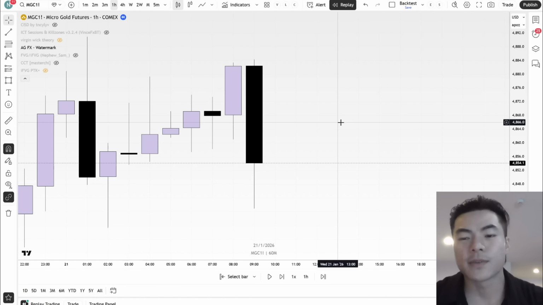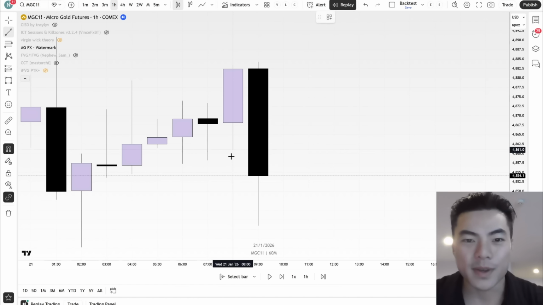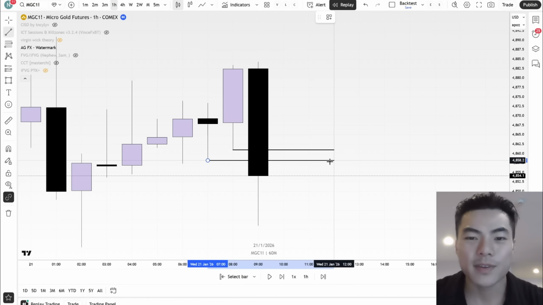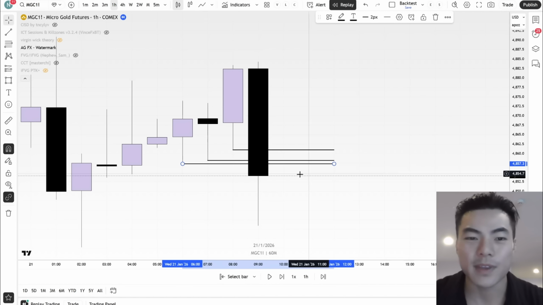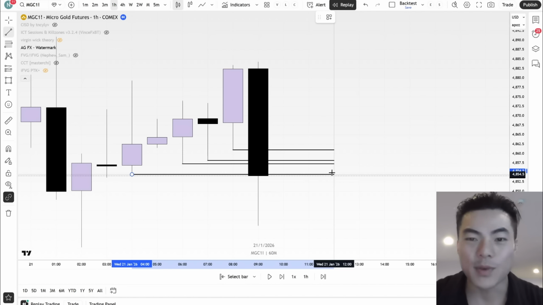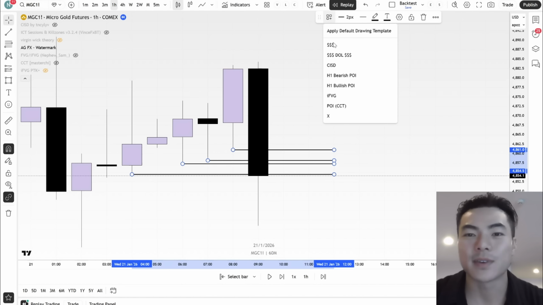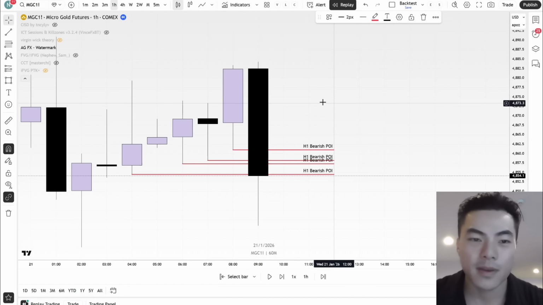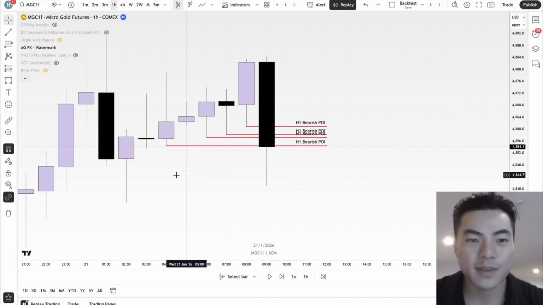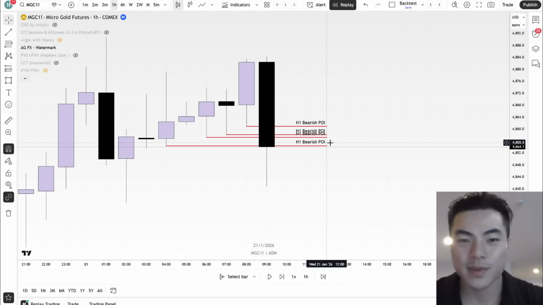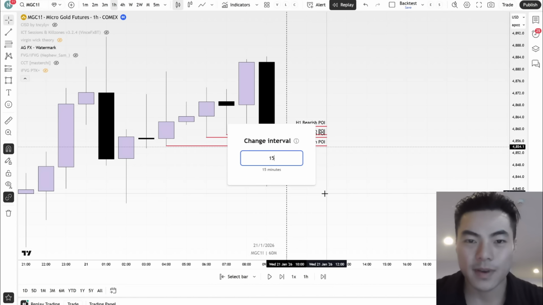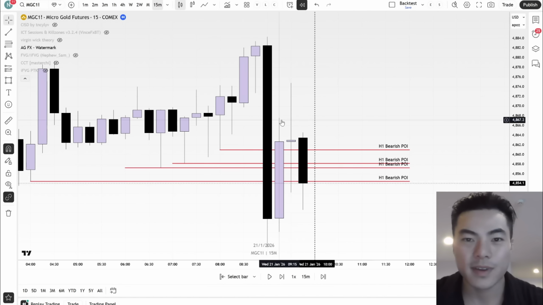All right, so in this one, I want to go over an example where everything lines up perfectly. So all confluences and the entry model, but you just don't get tagged in, and that's okay. We just have to live with that. So we have these bearish points of interest. Let's see if we have any gaps.